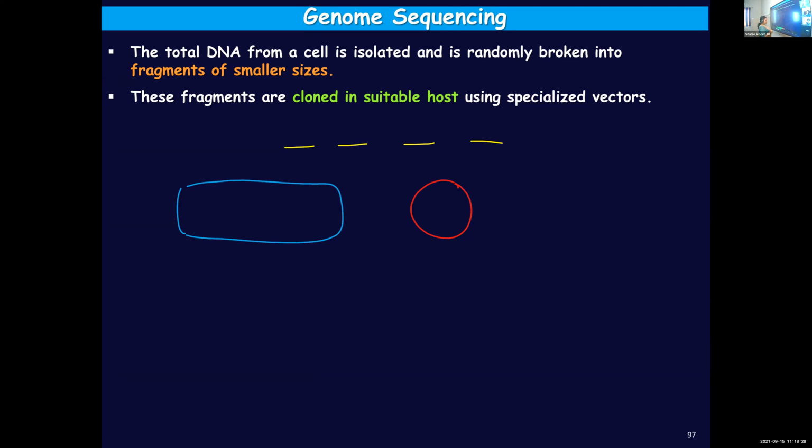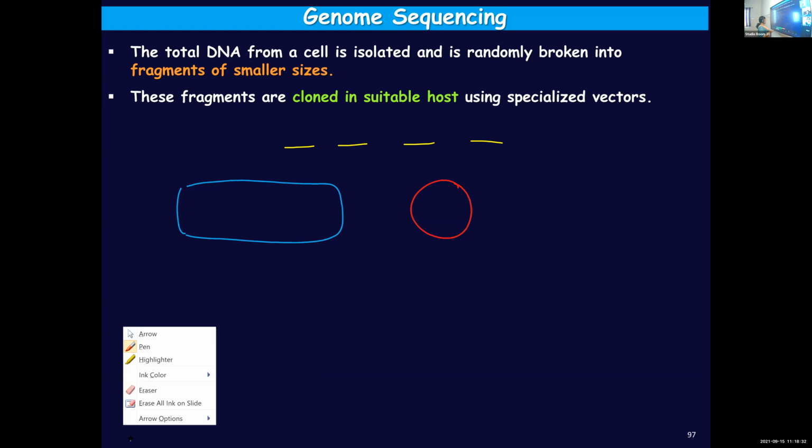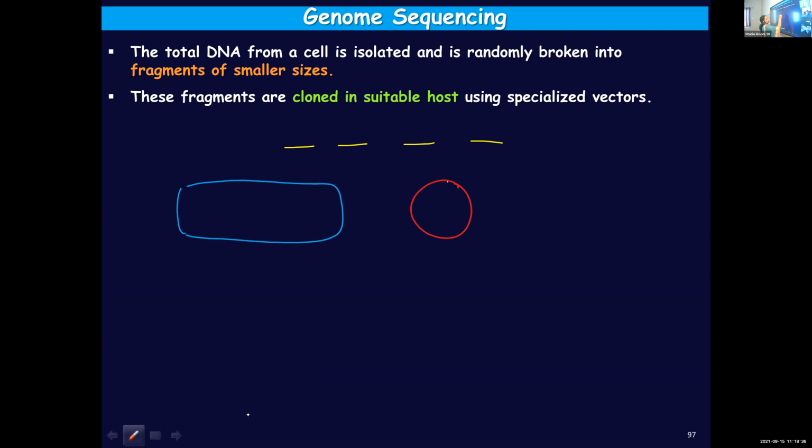That is also DNA, genetic material. From here, one portion of this vector will be removed, and we will be inserting the fragment of human DNA.